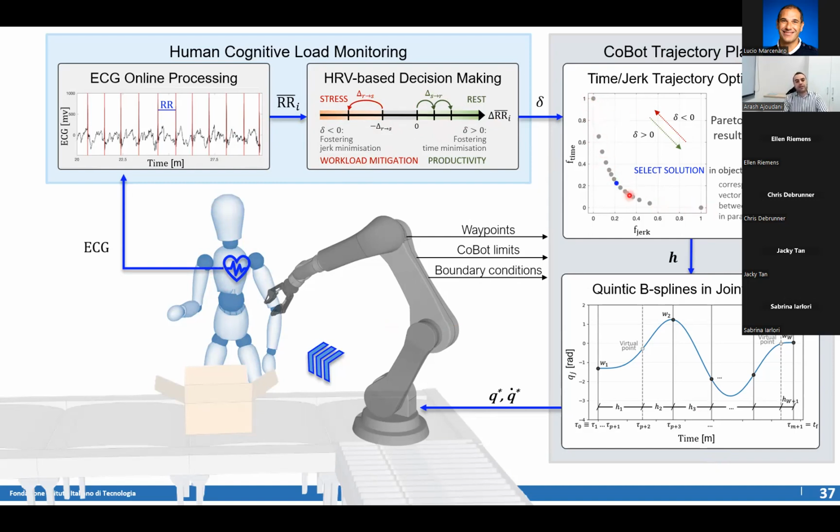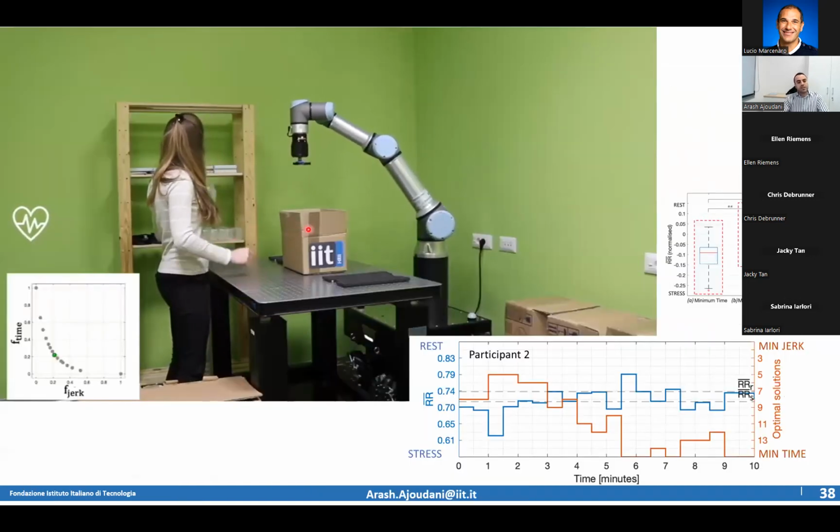A very simple example: if the robot moves fast with a high jerk, the task will be done much smoother and faster, and it's good for productivity. But this might create a little bit of lagging behind and eventually stress for the person. So you can put them in a Pareto front optimization and play with it until you personalize for that subject, which is basically like this.